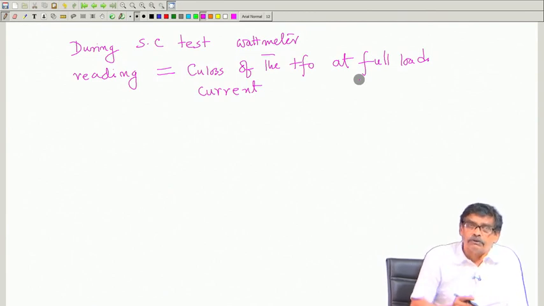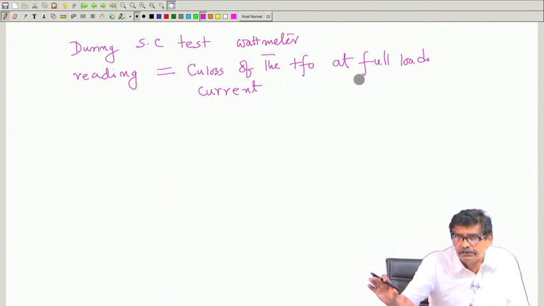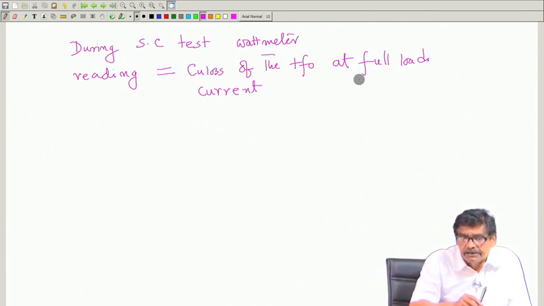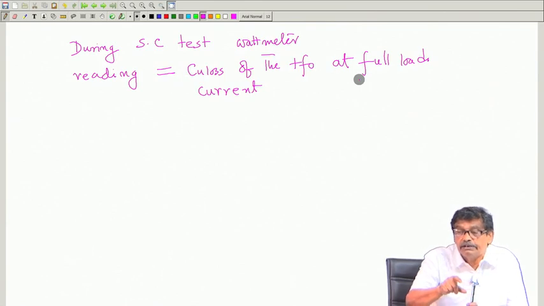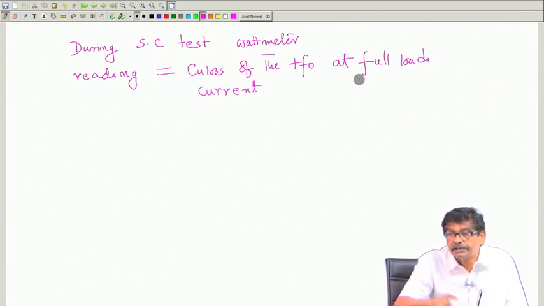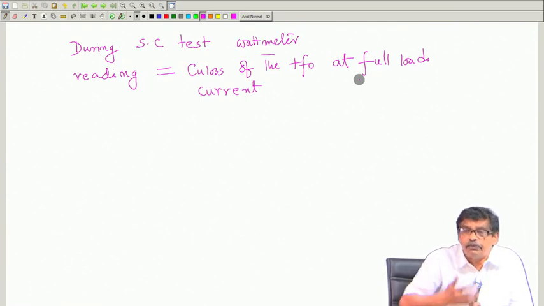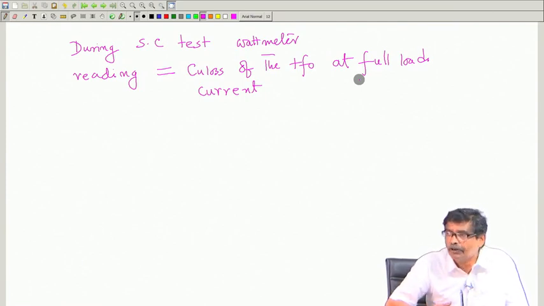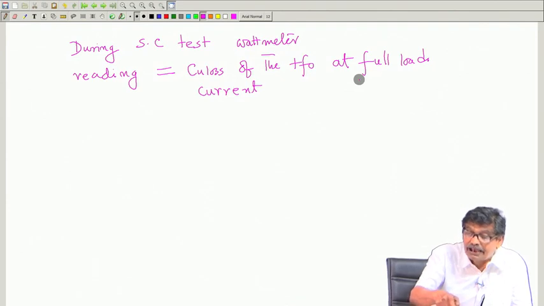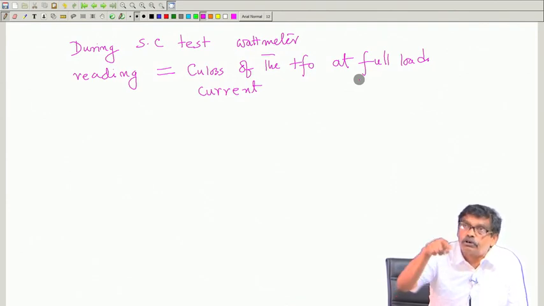Recall, during the short circuit test, short circuit the secondary, increase the input voltage from the HV side such that you apply only that much voltage which will cause rated current to flow in both the windings, and whatever is the wattmeter reading, I say that is the copper loss. So, that copper loss was calculated at rated full load current.